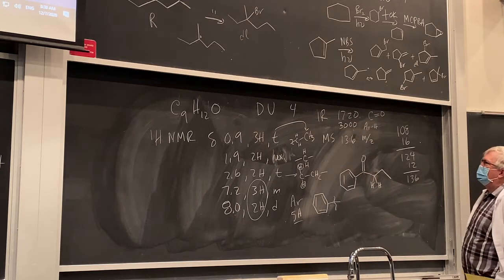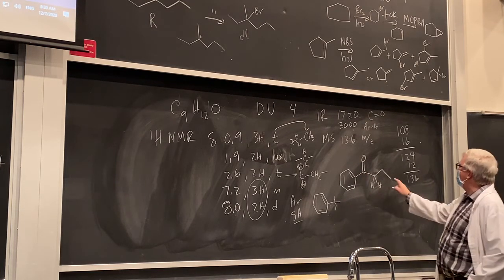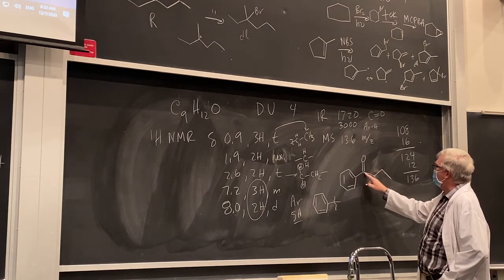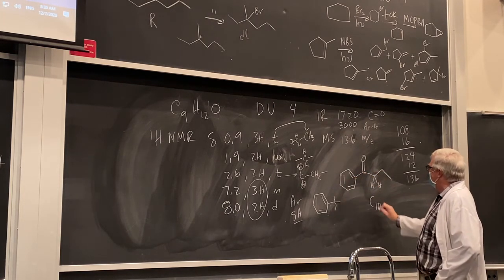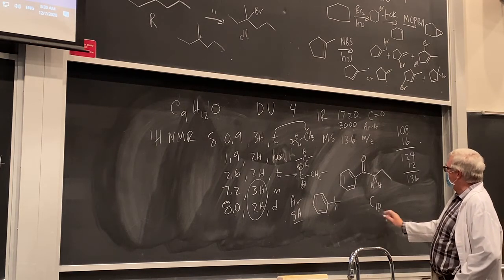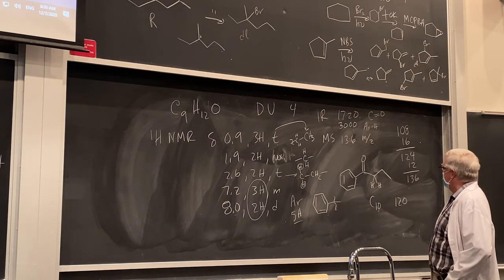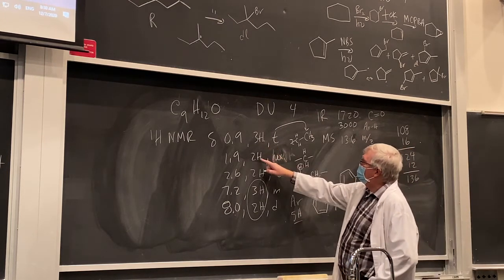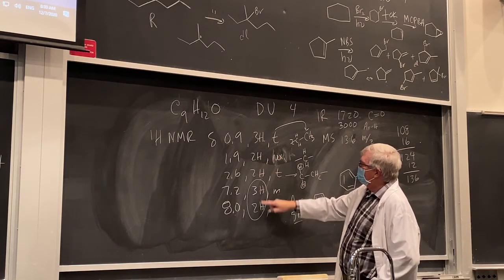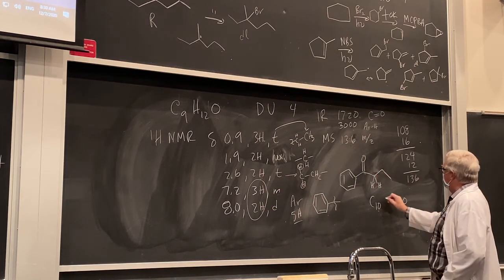But something's wrong here. How many carbons do we have now? 1, 2, 3, 4, 6, 7, 8, 9, 10. C10 times 12, that's 120 here. How many hydrogens are showing up in this? 3, 5, 6, 7, 12. Okay, so that should be H12.